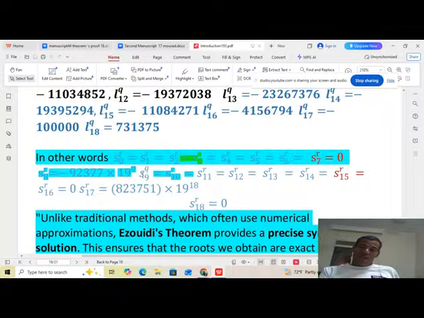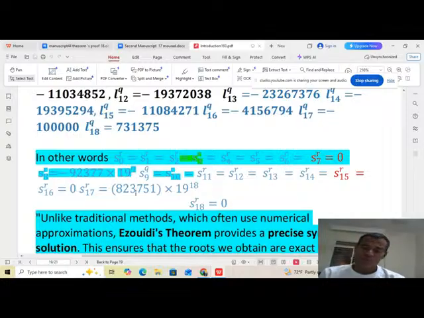Then S9 through S16 and also S18 are equal to 0, except S17, which is equal to 823,751 times 19 raised to the power 18.